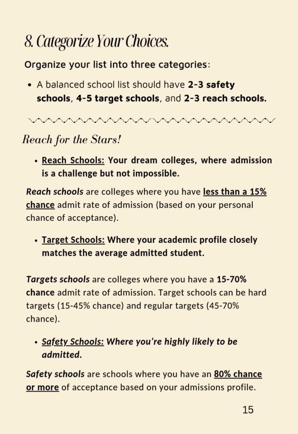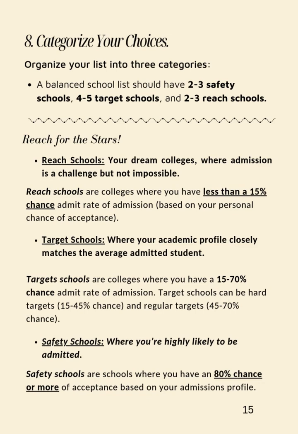Let's go over real quickly. Reach schools, like I said, your dream schools. Reach schools typically admit less than 15% of the students who apply. Target schools are where your academic profile matches, meaning your grades, your scores, your classes match the average admitted student, and they typically have 15 to 70% admission rates.